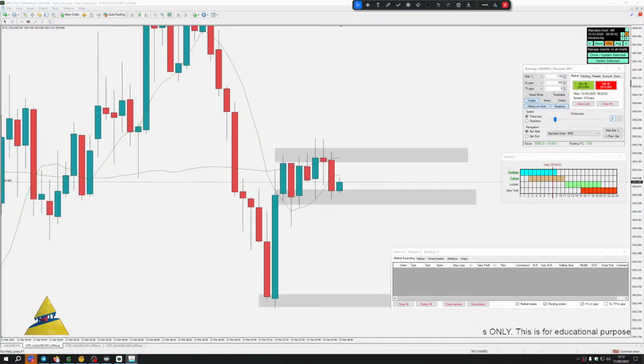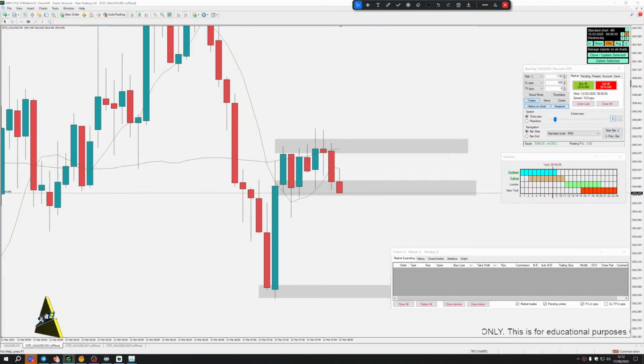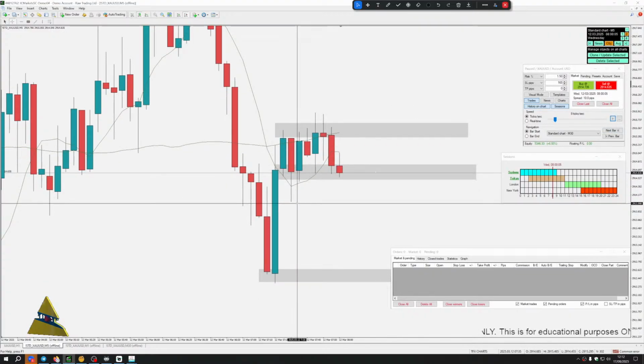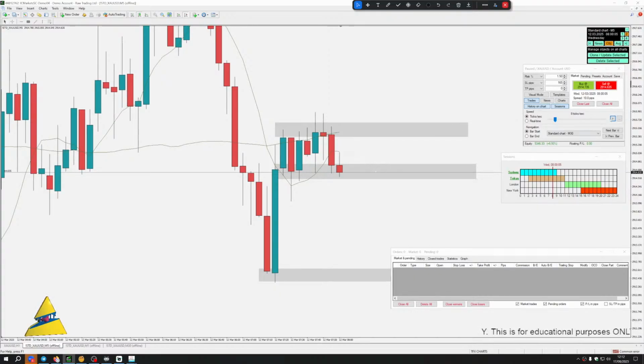All right, let's see what we're going to do. I think it's already pretty straightforward for us. Sells if we break these lows, buys if we break those highs. And then we're just going to take it down towards support or resistance. You got a nice little SMA confluence in there too.